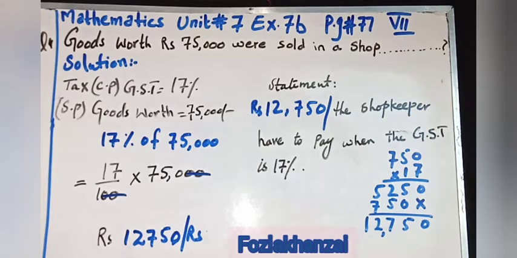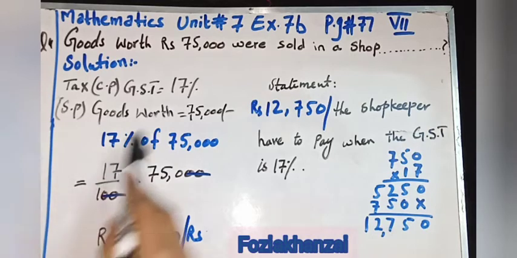Now in this video I will explain question number 4. Question number 4 is: goods worth 75,000 rupees were sold in a shop. What amount will the shopkeeper have to pay when the GST tax is 17%?